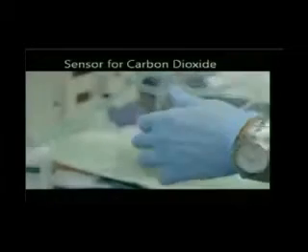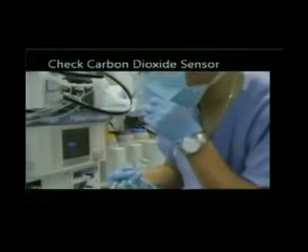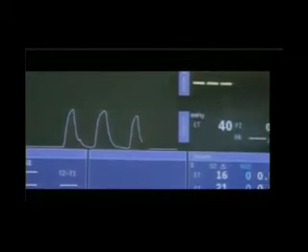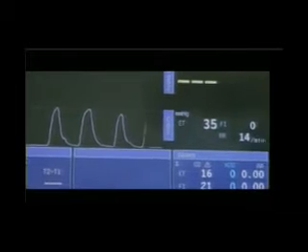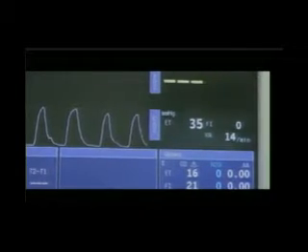Please continue. So he attaches that to the machine, and now there's an easy way to test this. He uses his own breath. He exhales, and he sees the carbon dioxide go up and down on the monitor. So using his own breath, he verifies that that works.